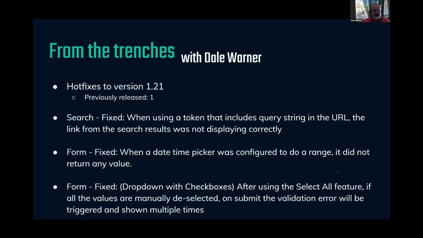We have several users that are using our date time picker to select a range of values, and that feature wasn't working originally in version 1.21, so that's fixed. And people who are using drop-down with checkboxes, there was an odd behavior where if you did just a certain thing, the on-submit validation error would be repeated as many times as there were checkboxes. So if you've encountered that one, you can install that hotfix.